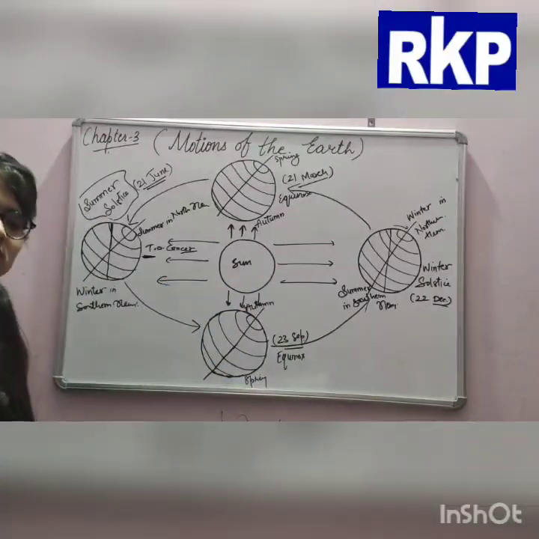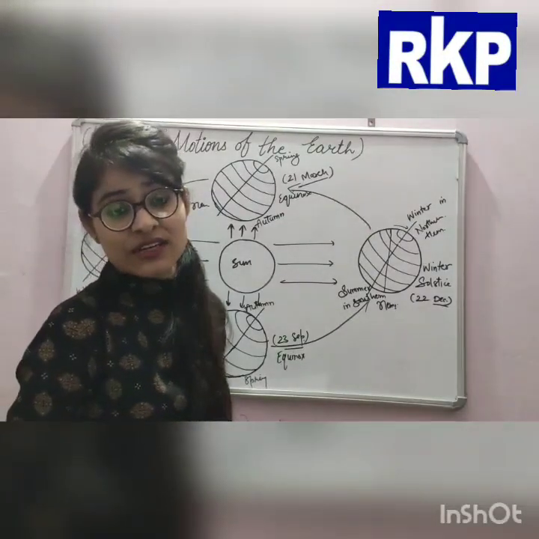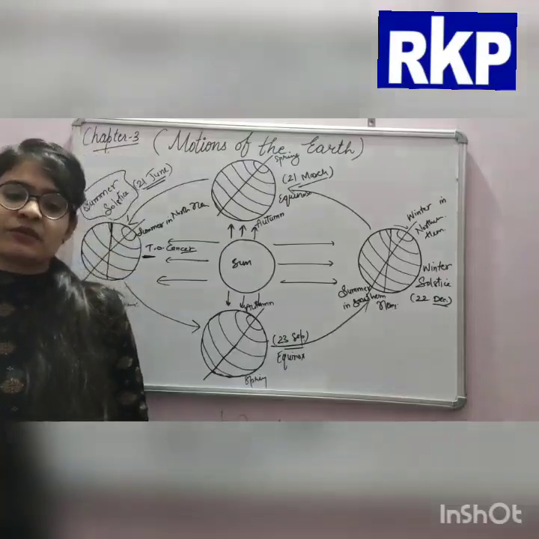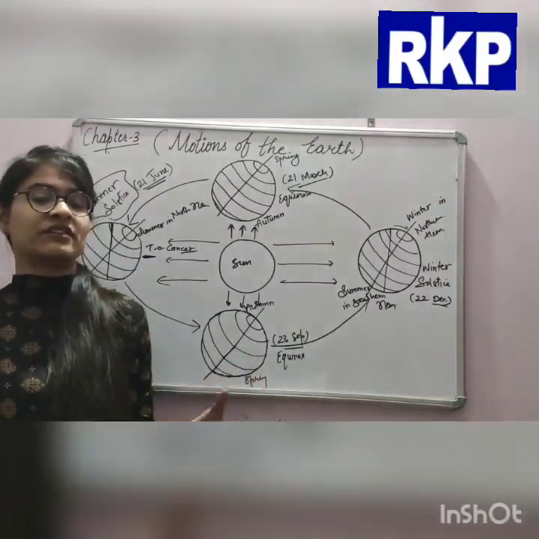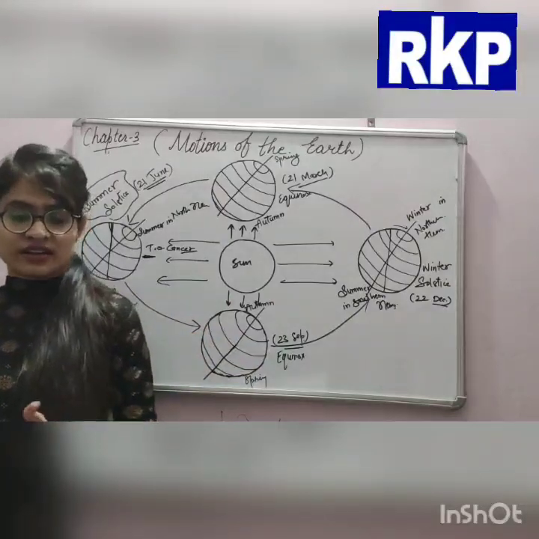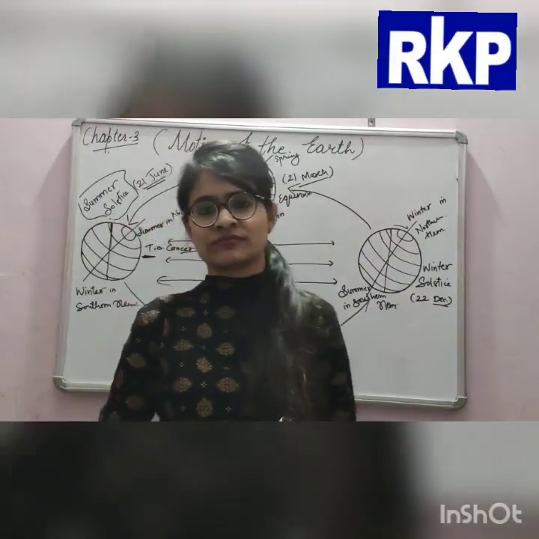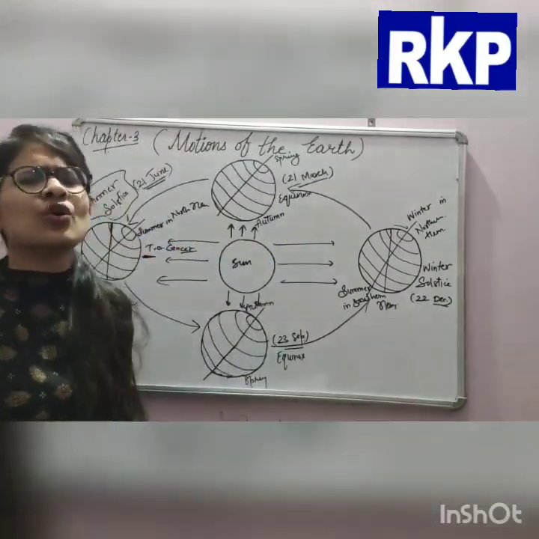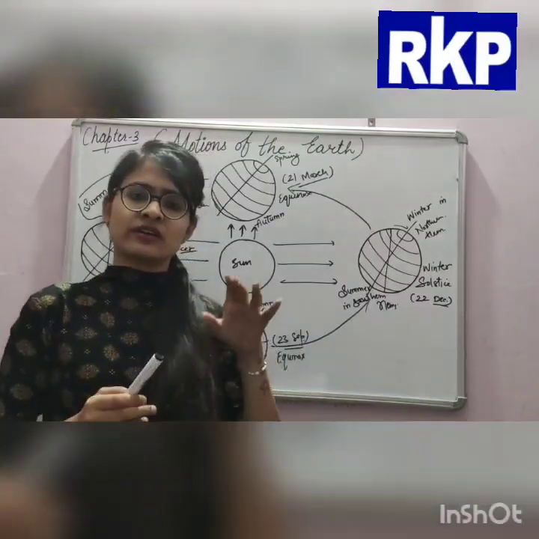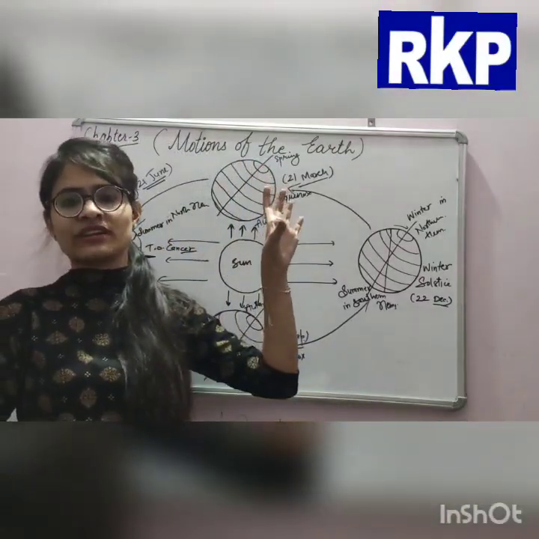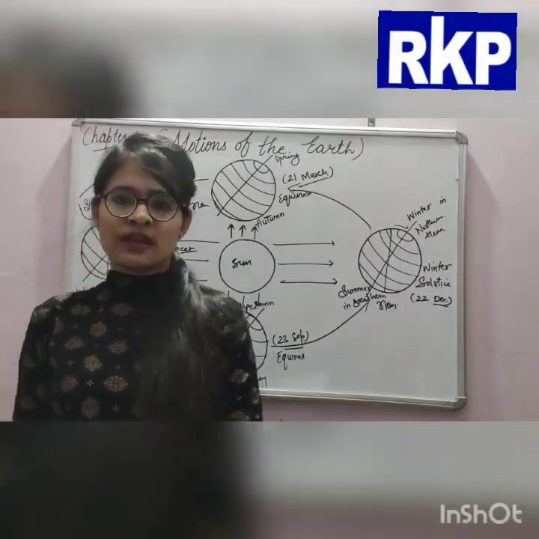Now, do you know that Christmas, which is celebrated in the month of December in winter, is celebrated in Australia in the summer season? Obviously, because we are living in the northern hemisphere, north of the equator, but Australia is in the southern hemisphere.